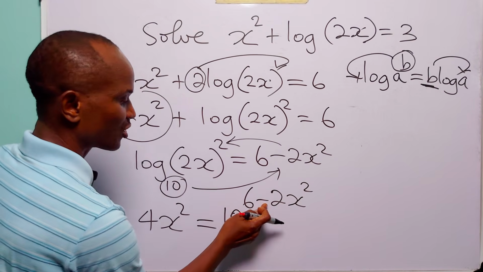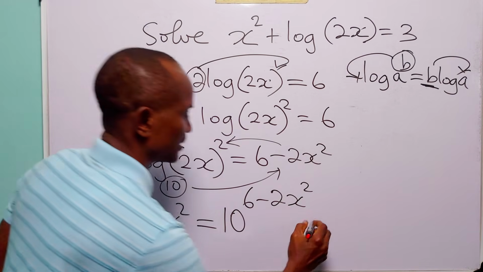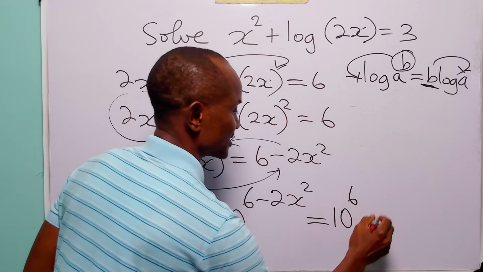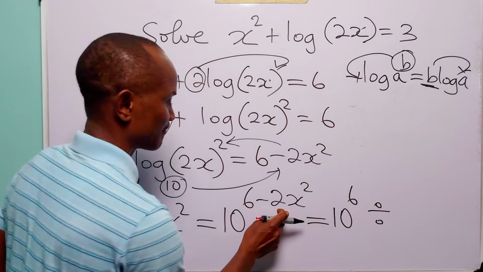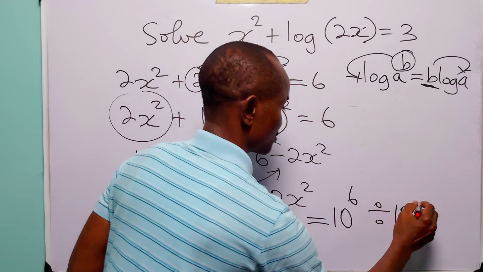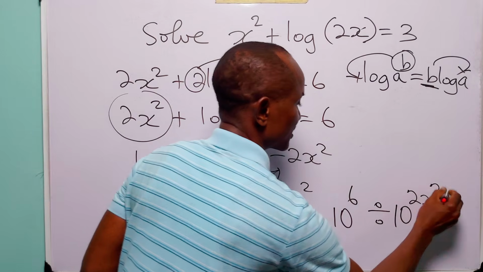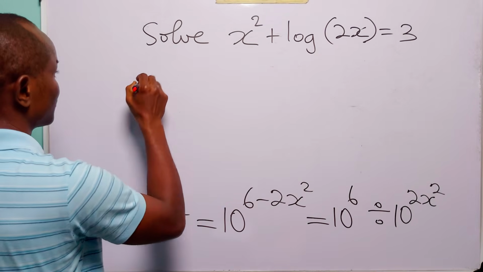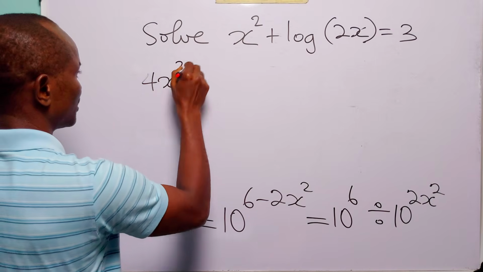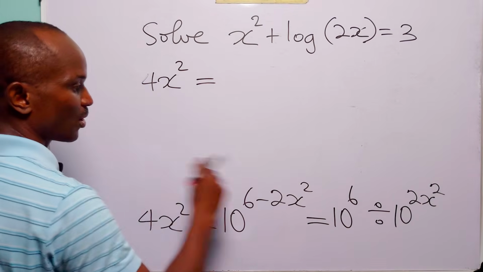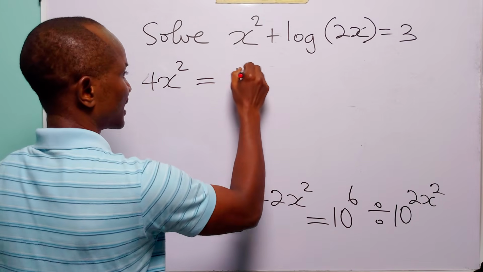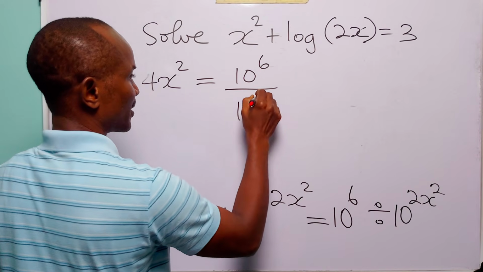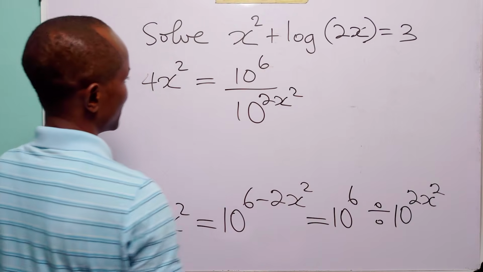And of course, you know that because of this subtraction, this right hand side is the same as 10 to the power 6 divided by 10 to the power 2x squared. So from here we have that 4x squared is equal to 10 to the power 6 divided by 10 to the power 2x squared.